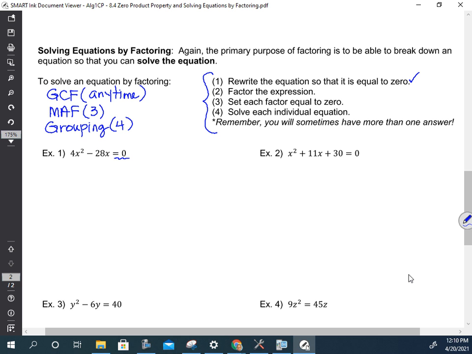Now that we're solving equations, I can show you the shorthand way to write the GCF. Up until now, we've been writing this number, same variable, GCF.